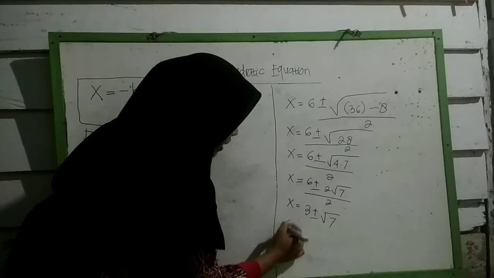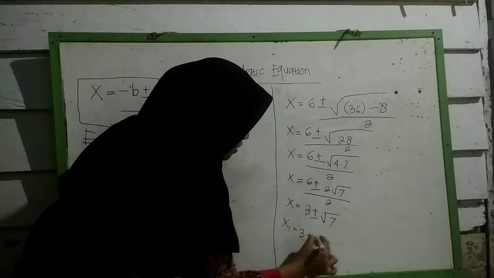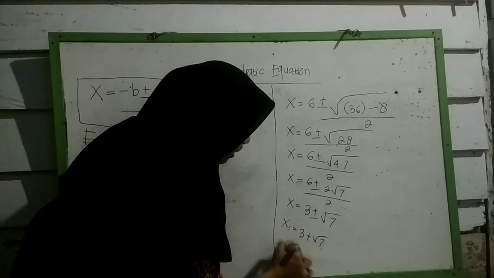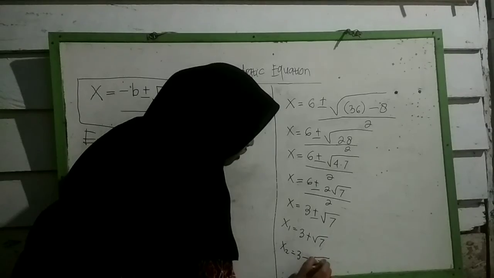Okay, x1 is 3 plus root 7, and then x2 is 3 minus root 7.